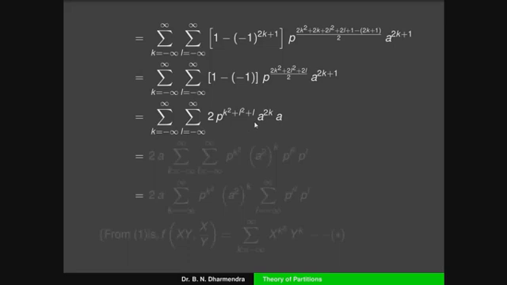Also 2 and a are constant terms, so you can take them outside the series. That is 2a times the first series, k running from minus infinity to plus infinity, and the second series, l running from minus infinity to plus infinity, of e to the power of k square and a squared to the power of k, and e to the power of l square into e to the power of l.